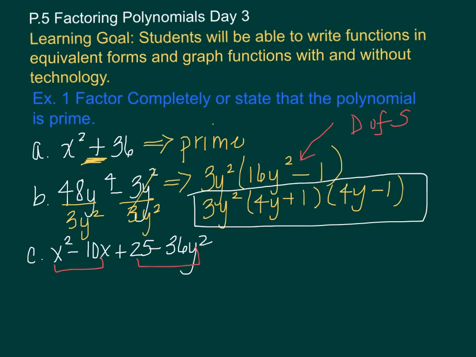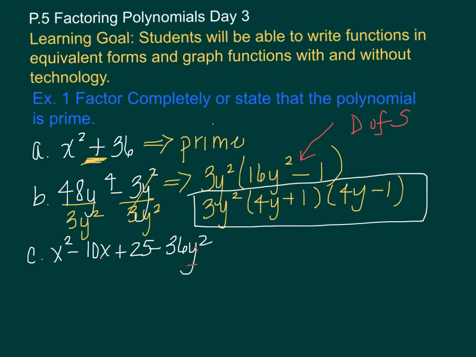So we cannot use grouping. So the next thing you look for is first you look for a GCF, I apologize. And if you don't see one, then you try grouping. If that doesn't work, then you try to see if you can do this.